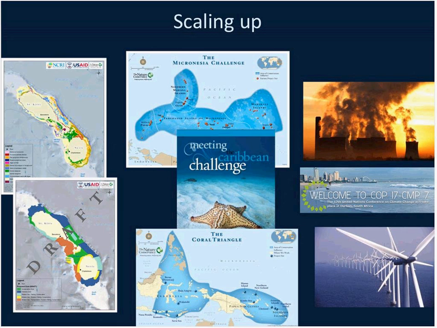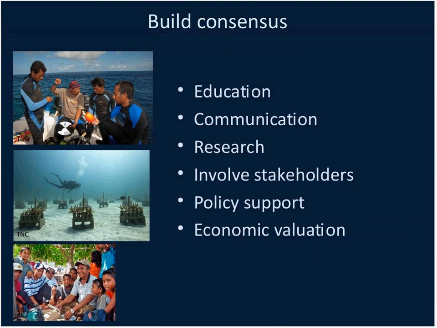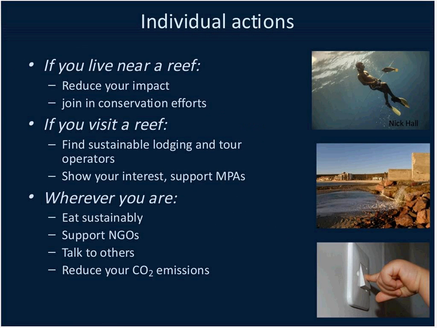And we need to think really globally, trying to hit at the climate change conventions and so on. We need to build consensus, and that means education, more research, bringing people in, and supporting the policymakers.